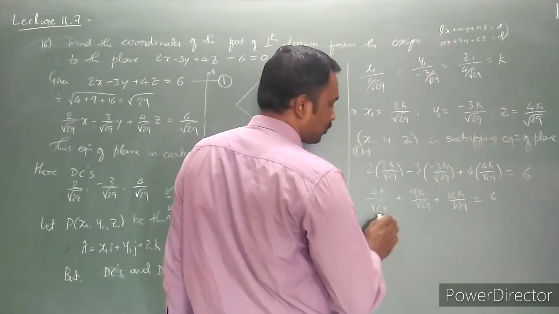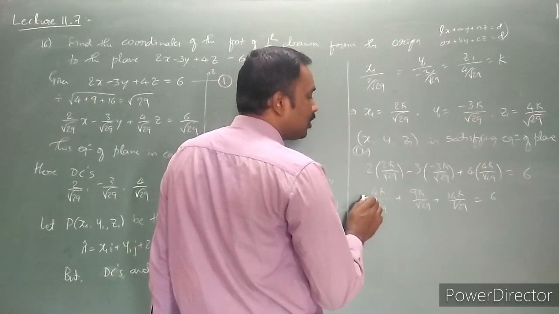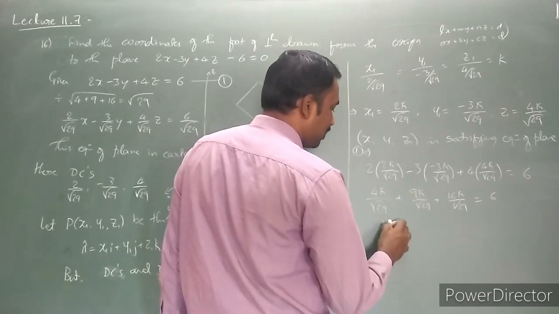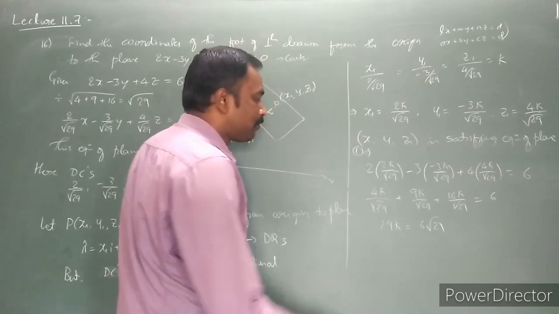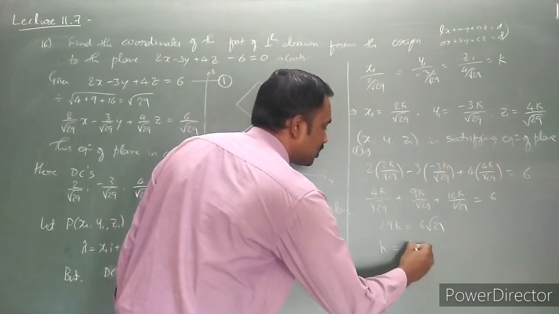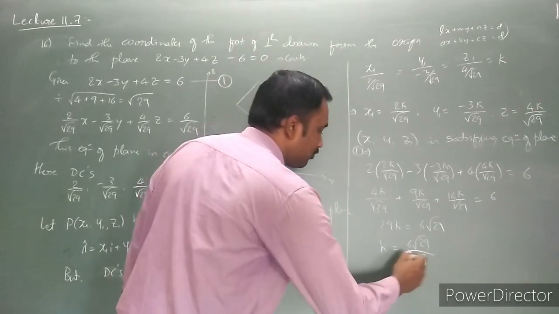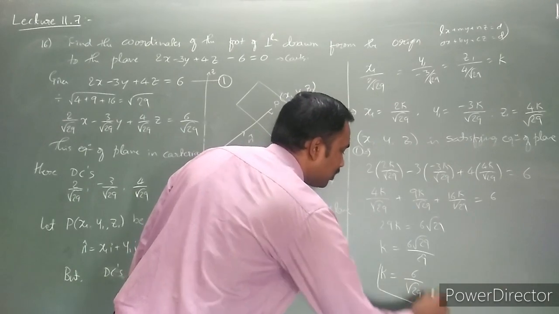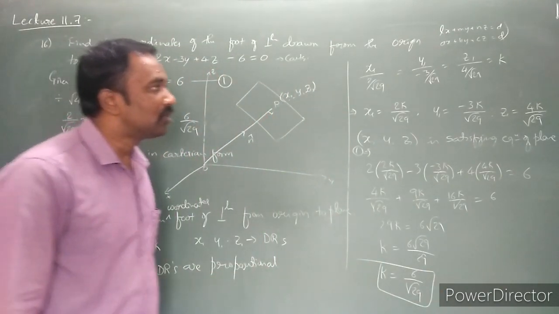Root 29 is the common denominator, so on the left side 4k plus 9k plus 16k is 29k, and on the right side 6 into root 29. So k is equal to 6 into root 29 divided by 29. That implies k is equal to 6 divided by root 29.